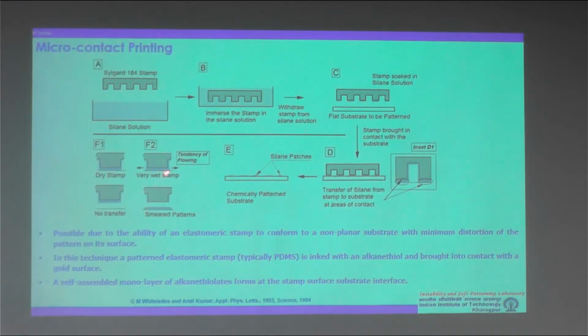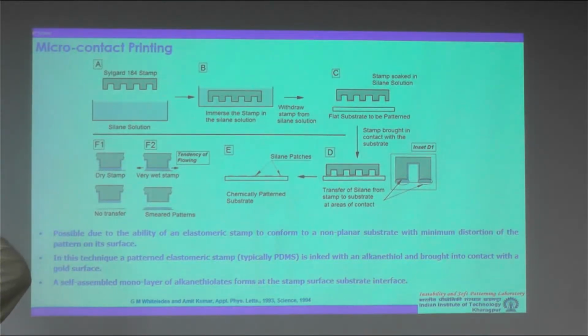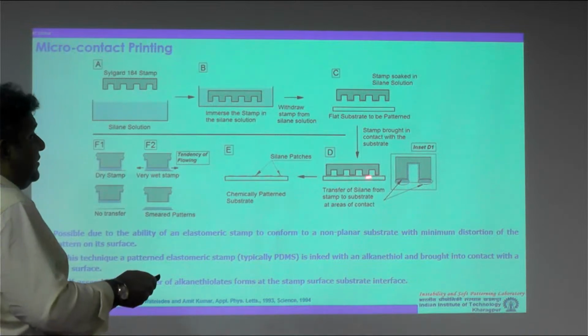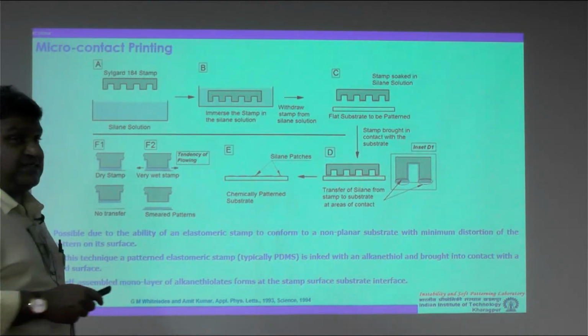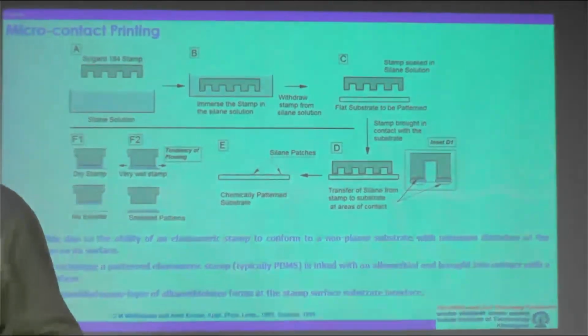On the other hand, if the stamp is very wet, it is basically the smearing effect that you might have seen when you write with a fountain pen. If it is too wet, then not only does the liquid come in contact over these areas, but the liquid may tend to spread more, creating structures which are wider.